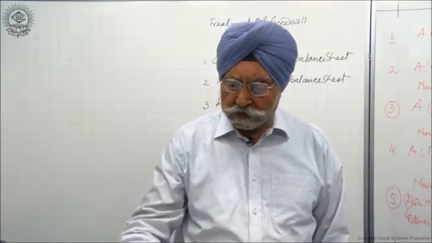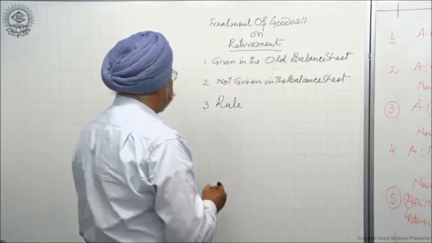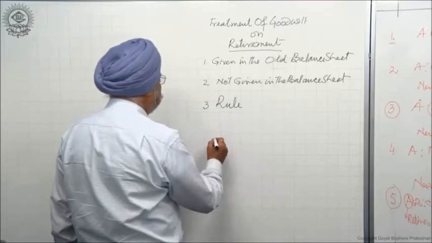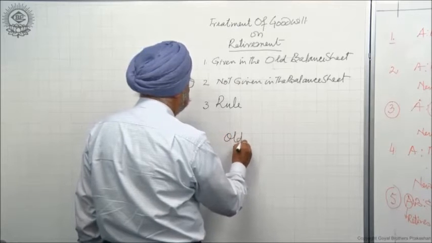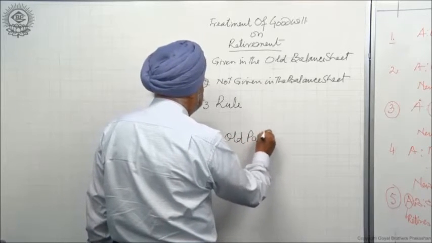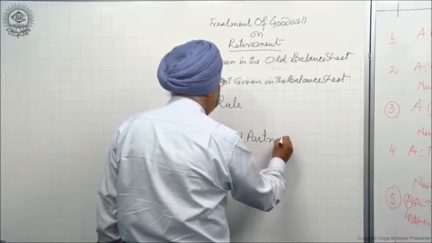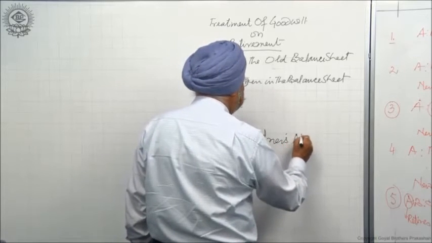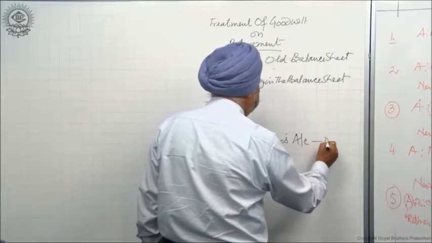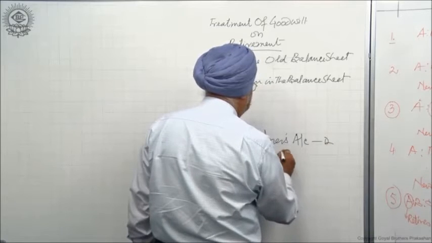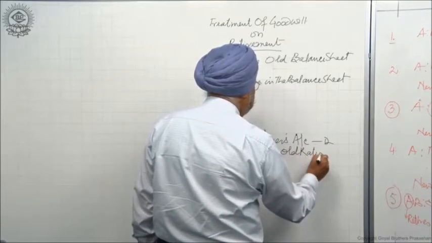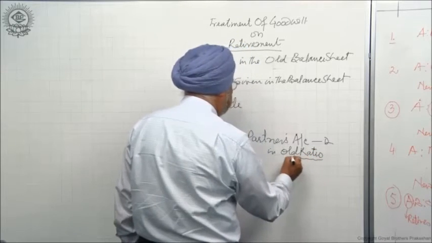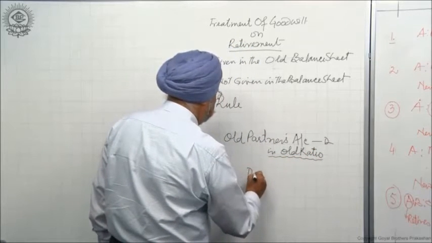This goodwill will be written off by passing one journal entry: old partners' accounts debit in old ratio to goodwill.